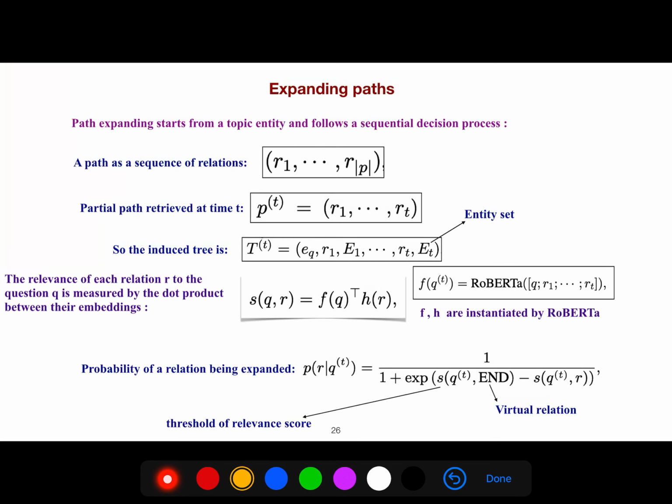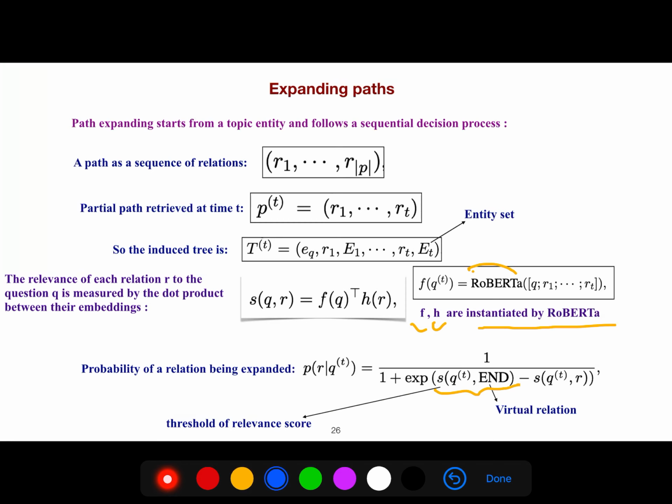So we are expanding our path, and we need this because we need a threshold for relevance score. This is just a virtual relation. And we use Roberta, like another article from a researcher at Washington University. So F and H are instantiated by Roberta.